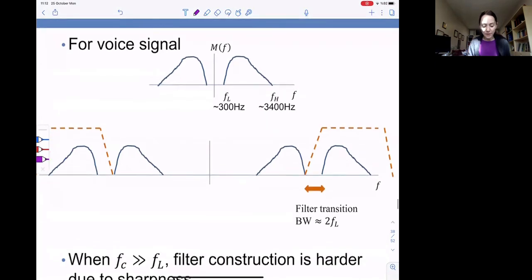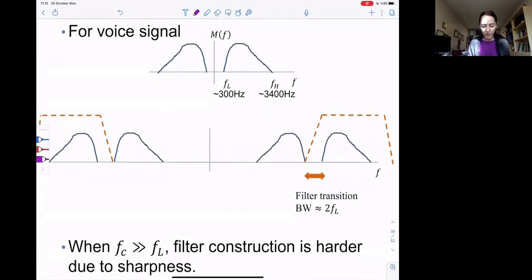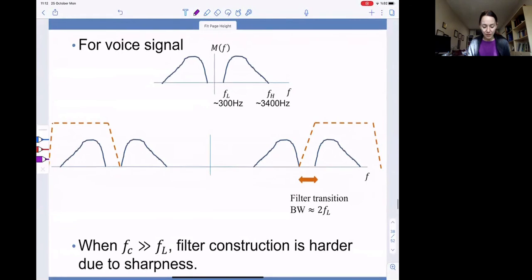Now, voice signals, I mean, historically, SSB has worked well for radio broadcast of voice, of sound, because as humans, when we talk, we don't produce output near zero.